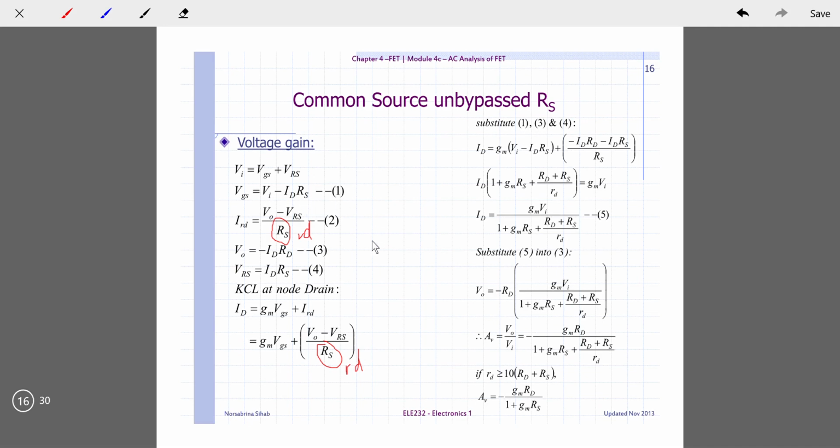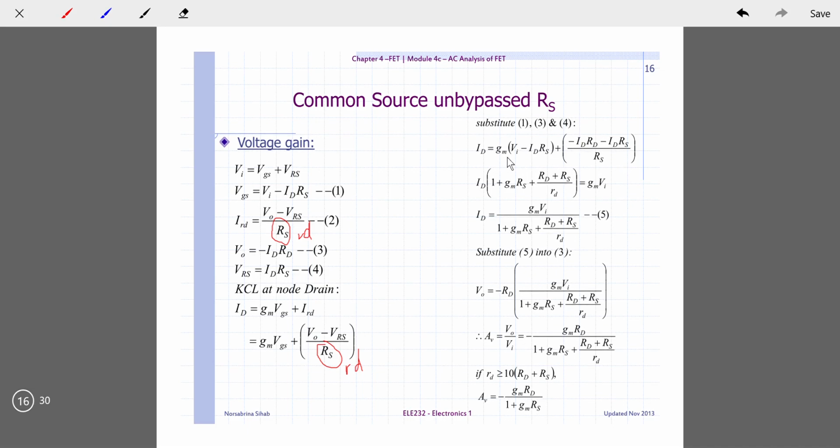So 1 will substitute for VGS, 3 for this V out over here, and number 4 for VRS here, so you will get this equation.